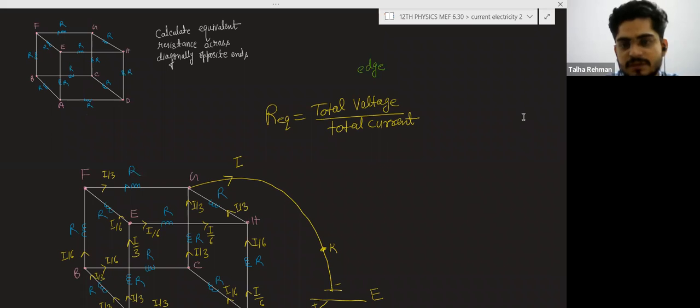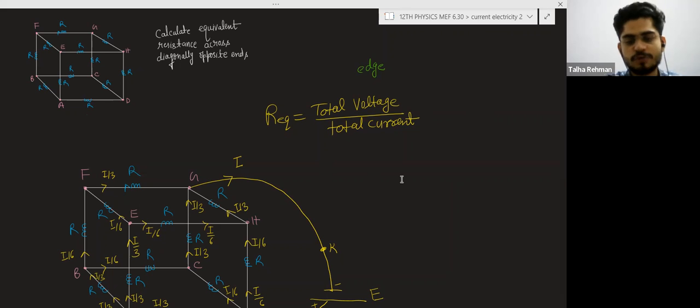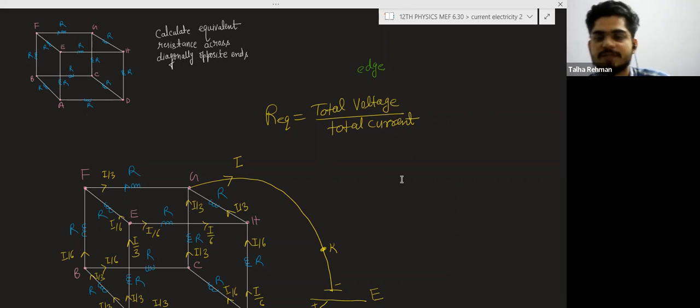And Nafisa, are you getting this? Yes, sir. You have to divide the current accordingly. When you practice, you can get it. Just copy this. So the equivalent resistance in this case, we are getting 5R divided by 6.